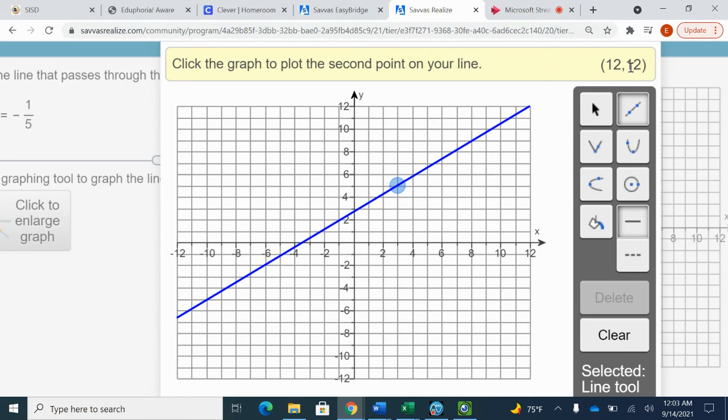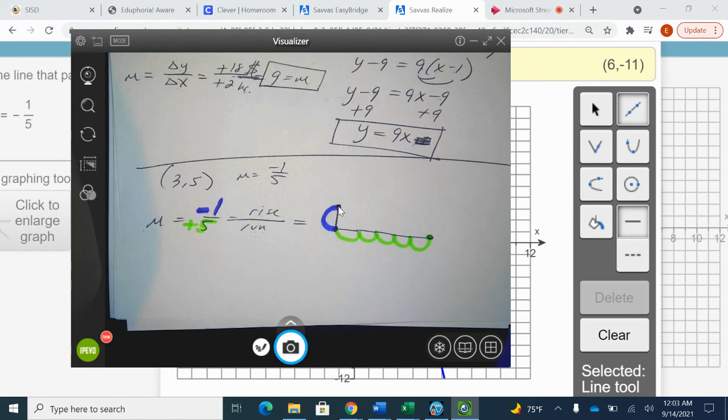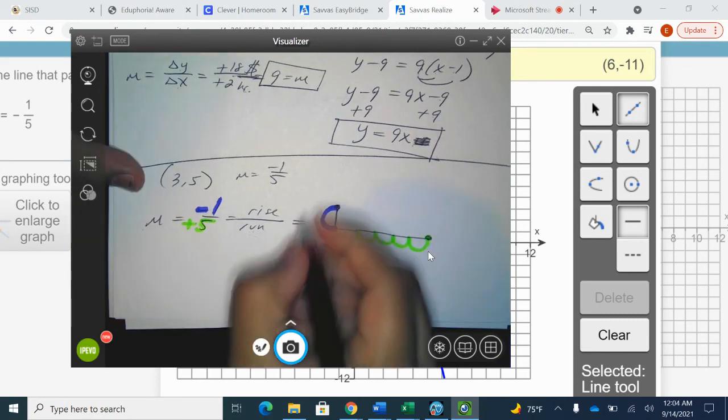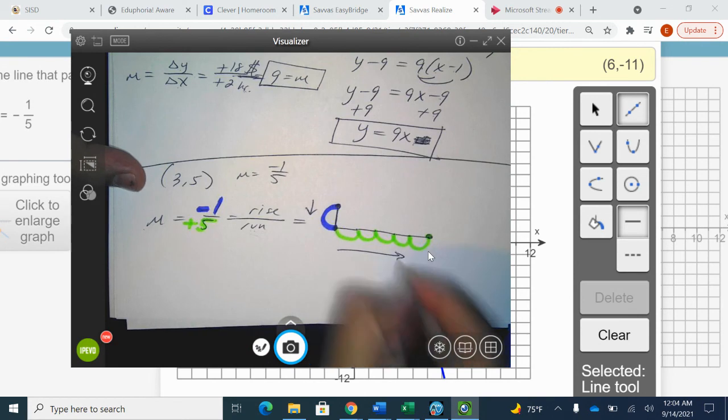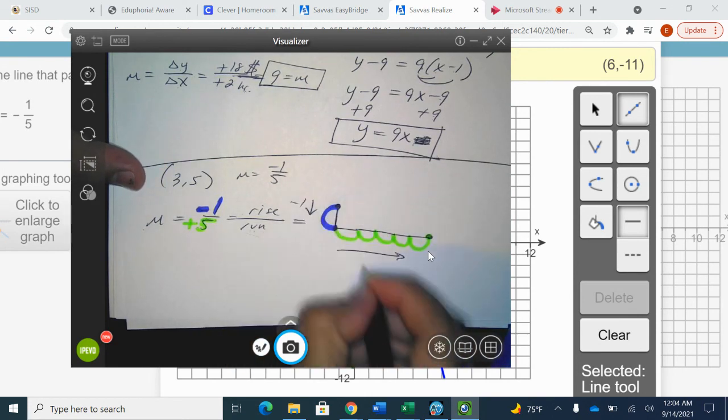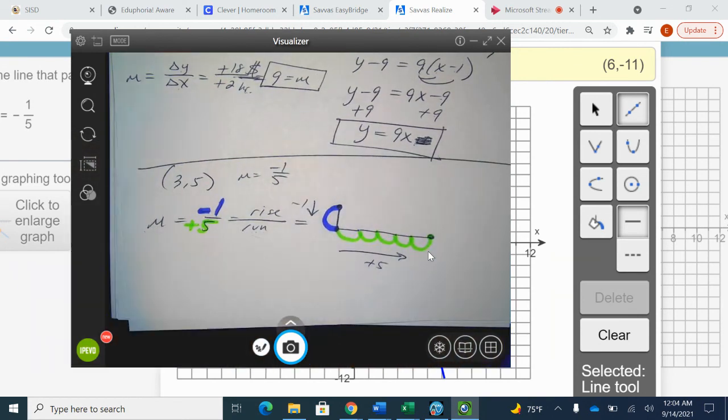Again, notice how we can verify it using the coordinate points here. Now again, notice how this triangle kind of told me what I need to do. I go down 1 unit because my rise is negative 1, and I run 5 to the right because it's positive. Again, down 1, right 5. Minus 1, plus 5. Be very careful, guys.